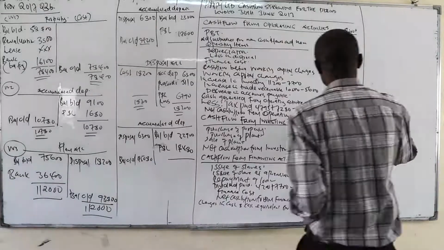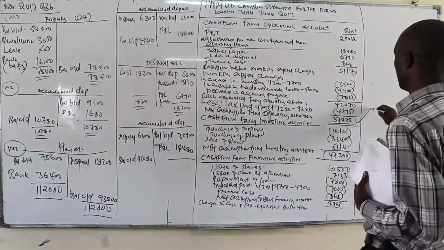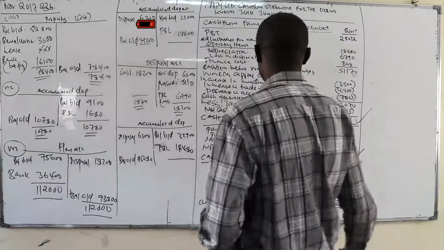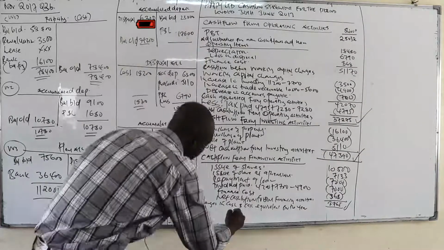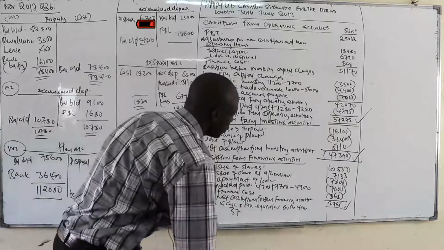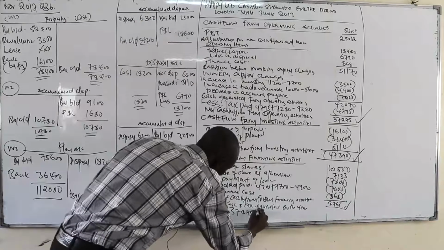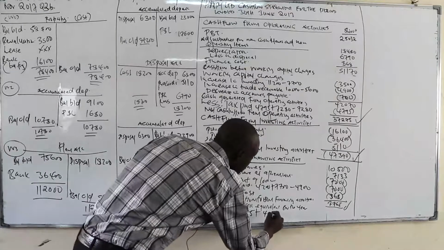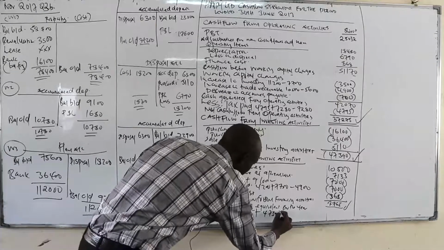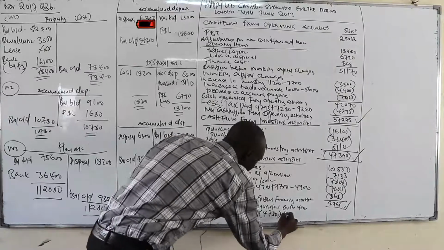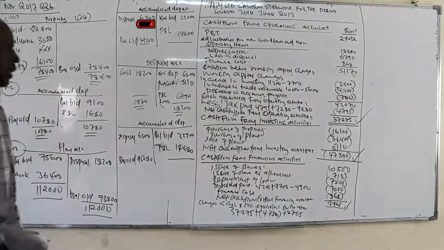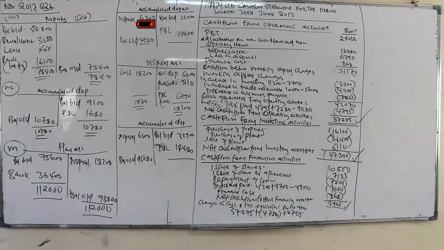You're going to add this, this, and this. You're going to add 37,275 plus negative 47,390 plus 27,65. What do you get? You get the changes in cash and cash equivalent for the year.